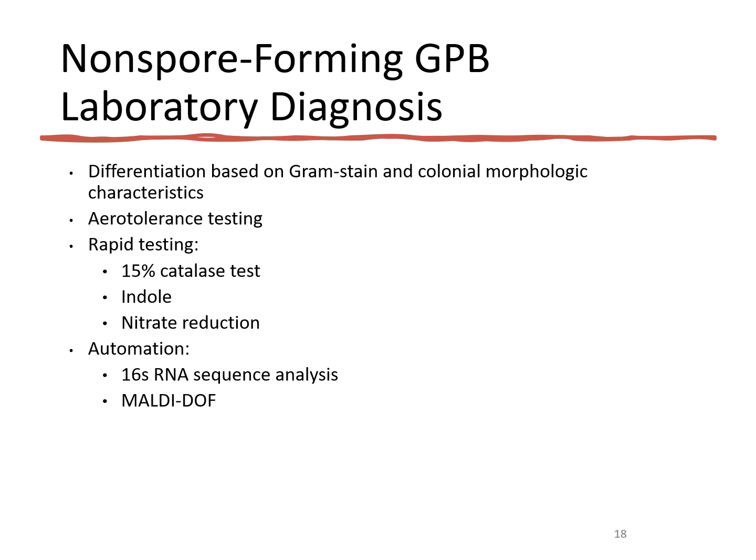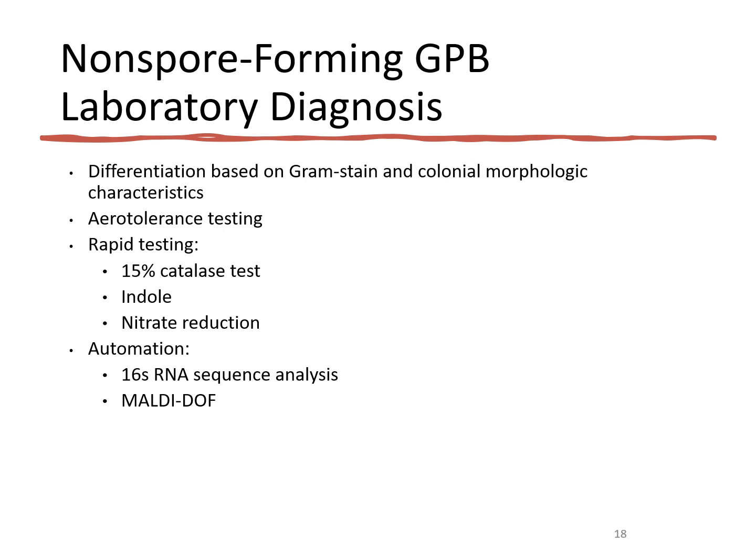To identify these organisms, they can be differentiated based on their gram stain and colony morphology characteristics. Air tolerance testing could be performed for these organisms because some of them may grow in an air-tolerant environment, or environment that's richer in O2, but it may take them a little bit longer.